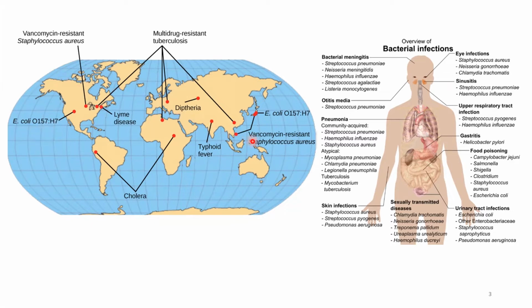O157:H7. And in Thailand, we also have all of the diseases that I have mentioned, and we also have an increasing number of antibiotic resistance.